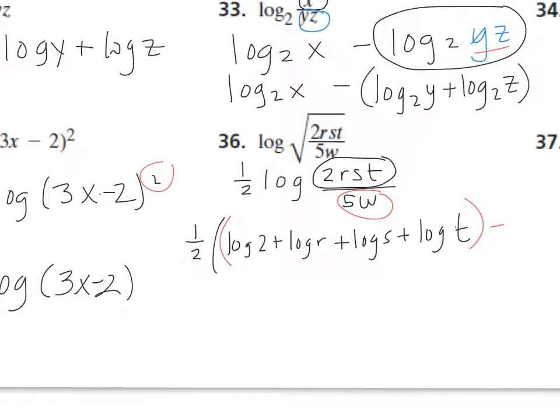So I'm subtracting, kind of ran out of room, the log 5 plus log W. So I had two sets of parentheses going because this whole thing had the 1/2 out front. And then I was careful with my numerator and my denominator. Then I'm subtracting it. So you could go through and distribute the negative through. Or you could distribute the half to everything.